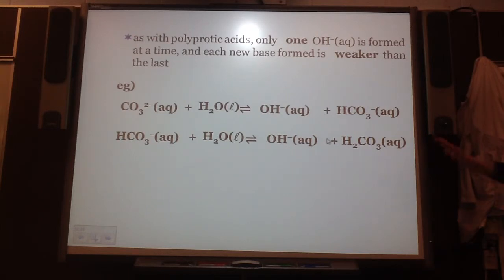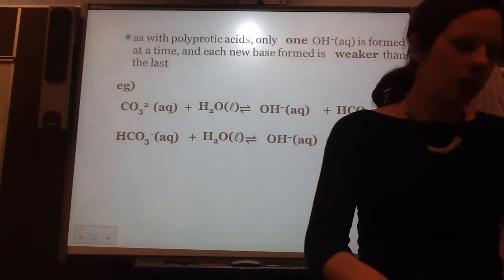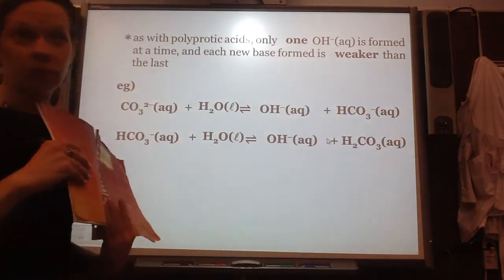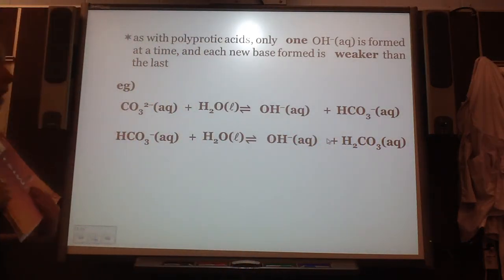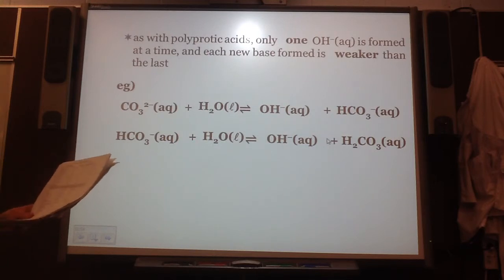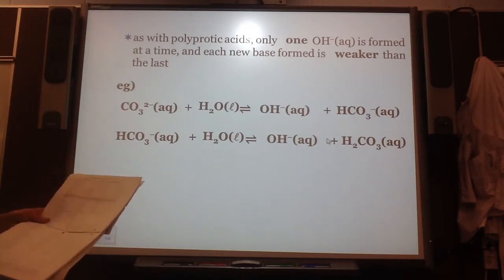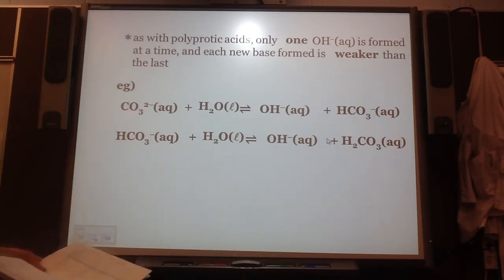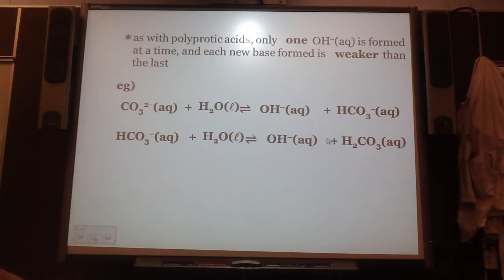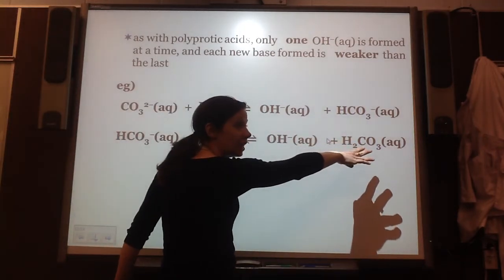So I make my hydrogen carbonate ion, that can react again with water to make OH minus, etc. Now, you might be observing that when you keep doing the reactions, you actually make an acid, or a conjugate acid it would be called. So this is a base, and this is its conjugate acid.